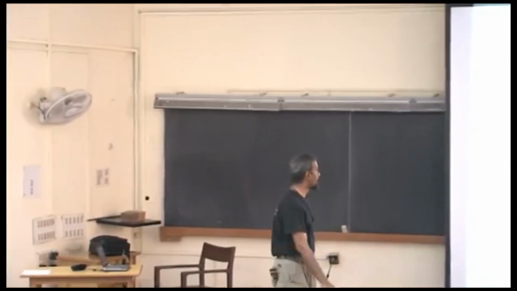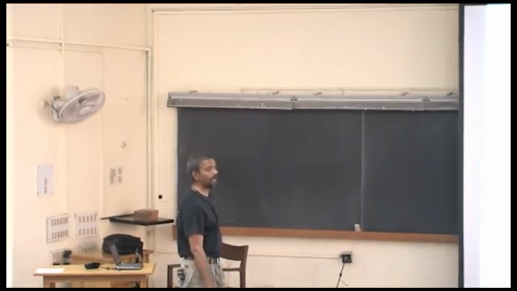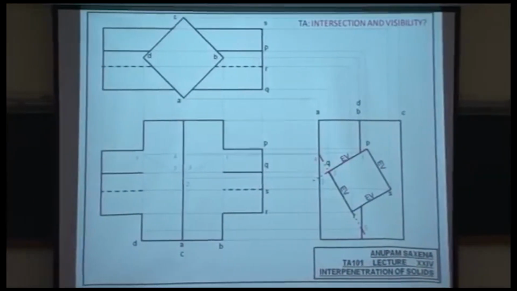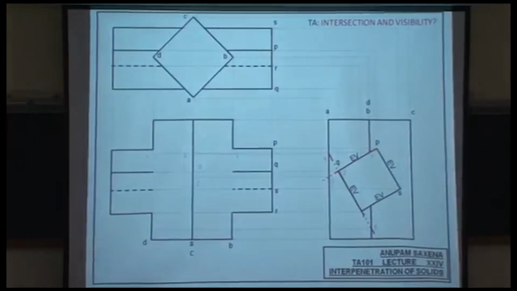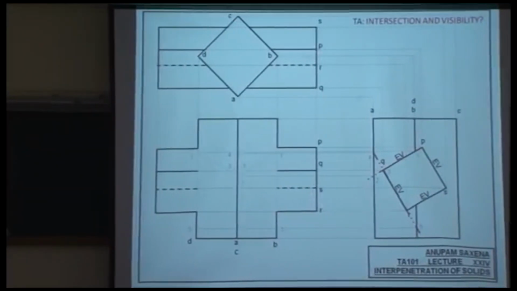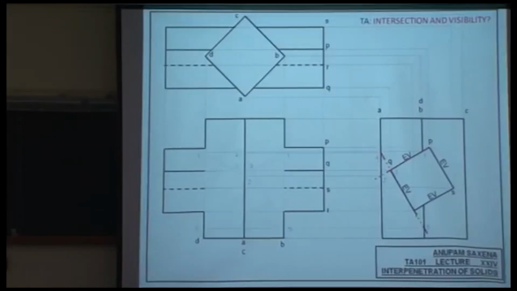Pseudo intersection points number 4 and number 5. 4 lies on edge A, project that. This is where my 4 is. 5 lies on B and D, project these. And this is where points number 5 lie. Straight line joining 4 and 5.